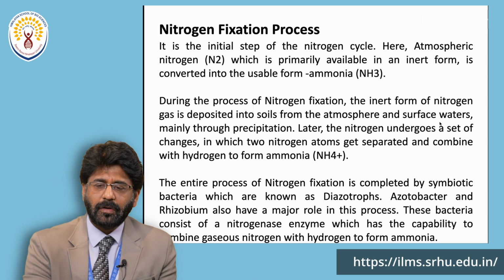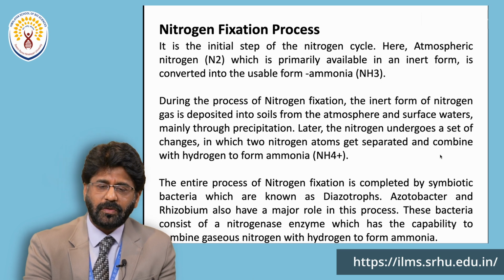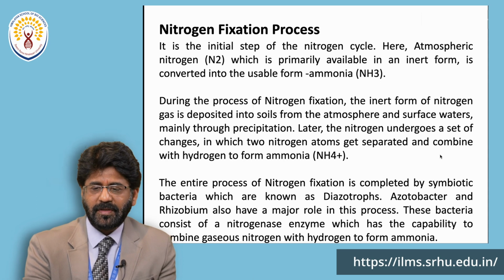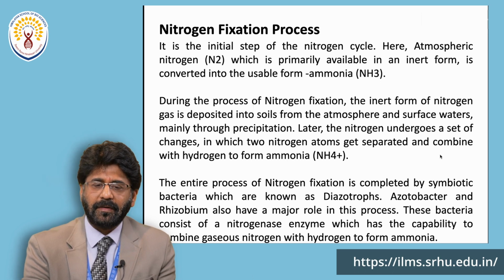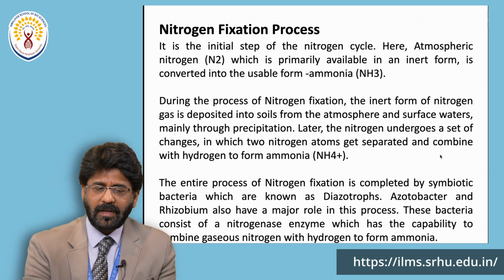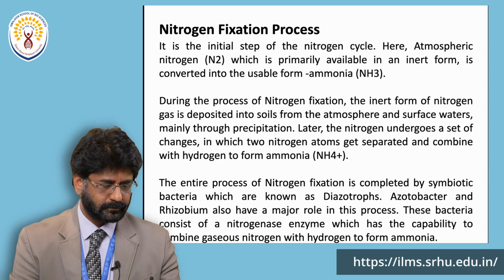Later the nitrogen undergoes a set of changes in which two nitrogen atoms get separated and combined with hydrogen to form ammonia. The entire process of nitrogen fixation is completed by symbiotic bacteria majorly known as diazotrophs. Azotobacter and rhizobium also have a major role in this process, and these bacteria contain the nitrogenase enzyme, which has the capability to combine gaseous nitrogen with hydrogen to form ammonia.